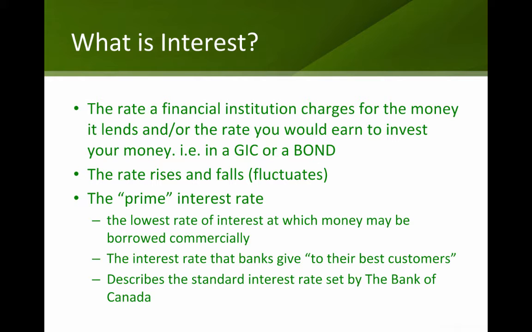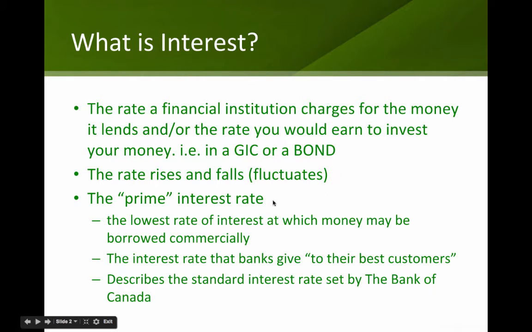So we all know that interest is the rate a financial institution charges for the money it lends, or the rate you would earn to invest your money in a bank account or in a GIC or a bond. Interest rates rise and fall depending upon different situations, and we'll talk about a couple of those.